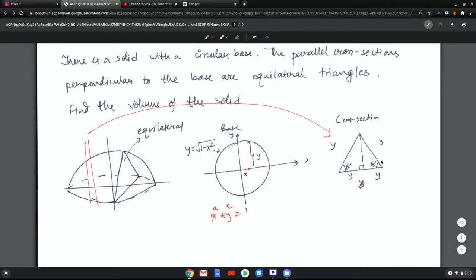An equilateral triangle has both base angles as 60 degrees, and this is 60 degrees as well. A special property of an equilateral triangle is that the angle bisector is also the side bisector. So the base of the triangle is 2y, which is 2 times root of 1 minus x squared.